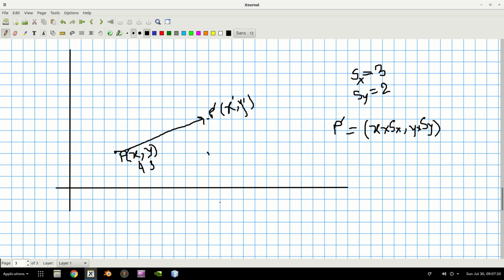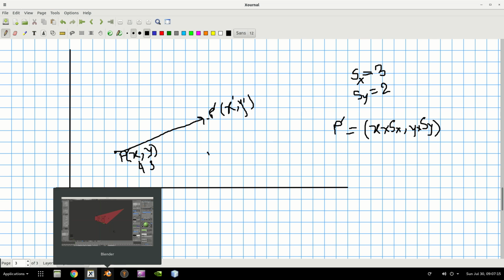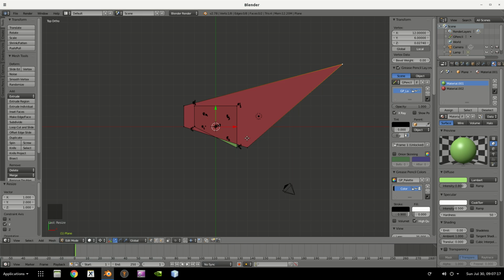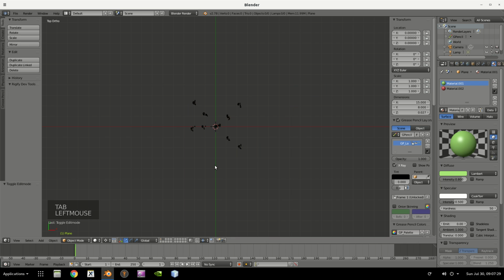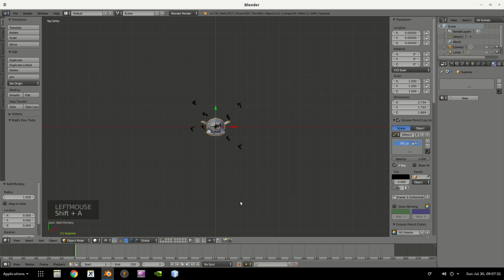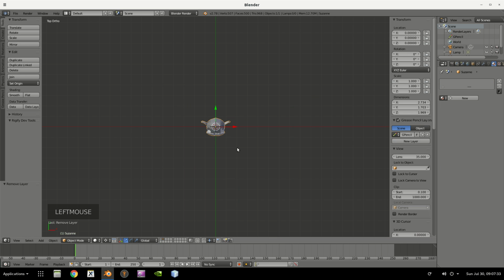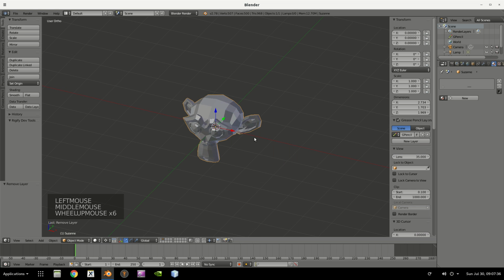That's a scaling thing. We are just showing it for one particular vertex, but as you can see, it can be applied for the whole thing. Whatever object you have, when you scale that, you're actually changing all these vertices at the same time, so the whole thing gets scaled. Let me show you in a different layer. If you have a monkey face, the Suzanne monkey, it has a lot of polygons.